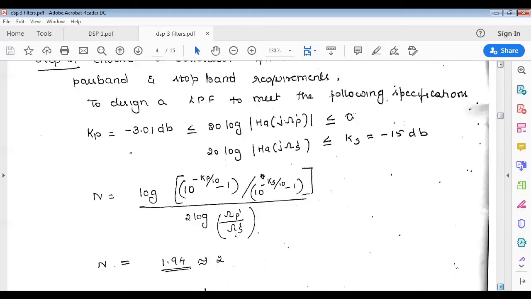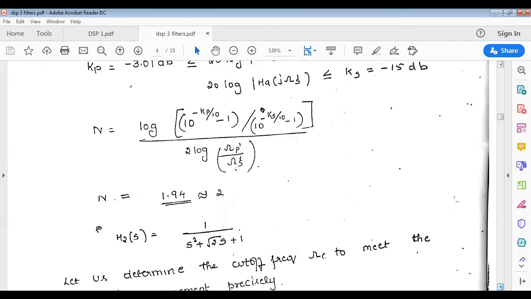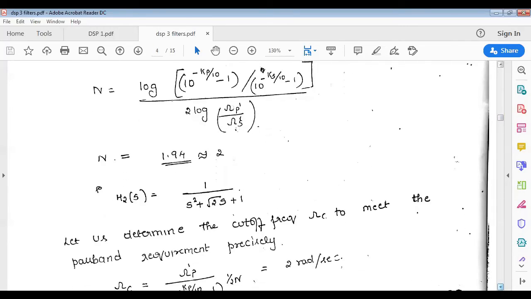What is the next step? Once we get the order of the filter, we have to find the transfer function, nothing but the poles of that particular order, N equal to 2. To find the poles for a Butterworth filter, we know s k is equal to 1 with an angle of theta k, where theta k is given by pi k by n plus pi by 2n plus pi by 2.